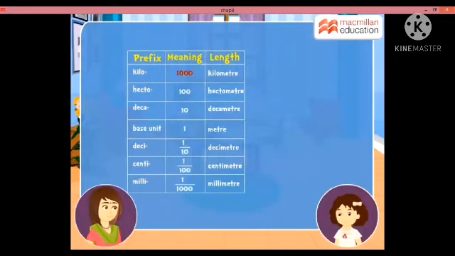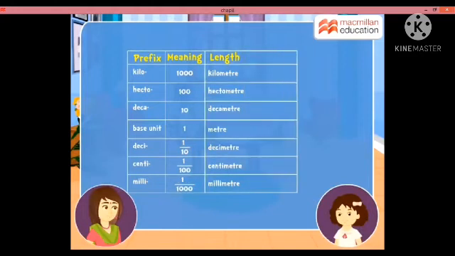Kilo means 1000, hecto means 100, deca means 10, deci means 1/10, centi means 1/100th, and milli means 1/1000th. Hence, kilometer is equal to 1000 meters, hectometer is 100 meters, and similarly, the values of the other measures can be seen on the table.